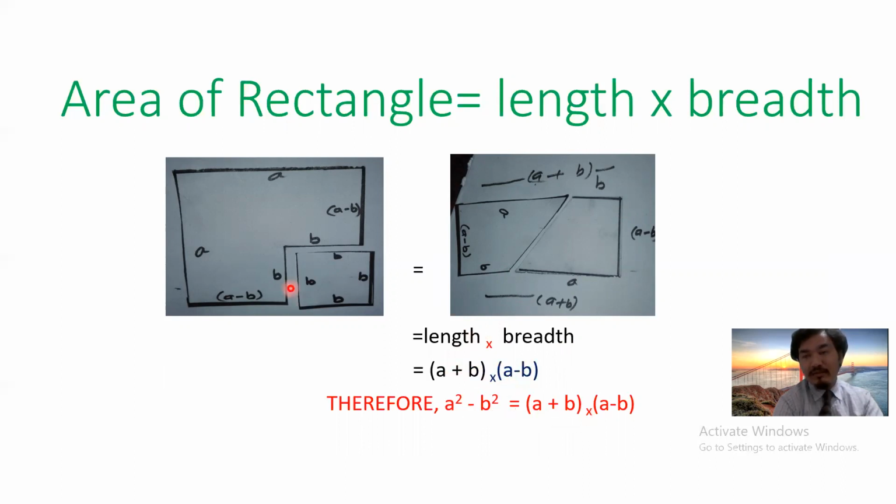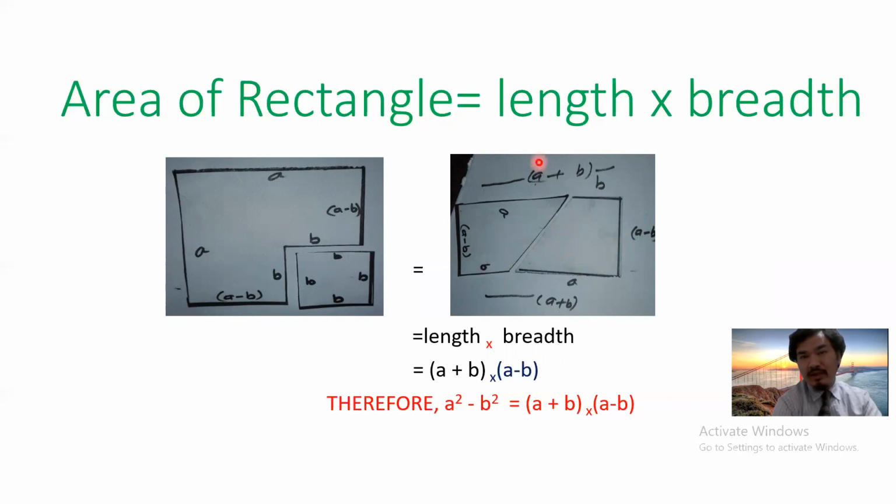It is shown here. From A square, this B square is separated. This is written on the left side. And that same thing is found in a different way, by cutting and joining them, and we got a rectangle.